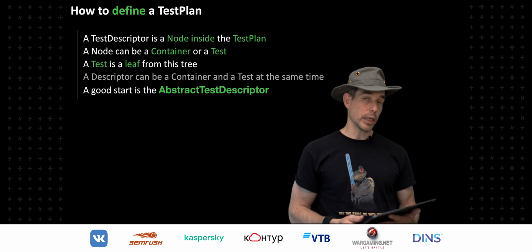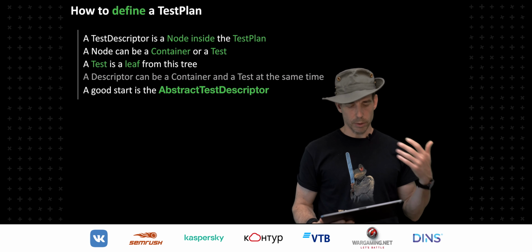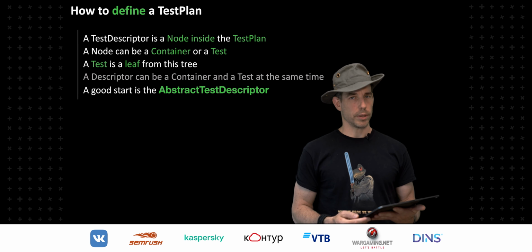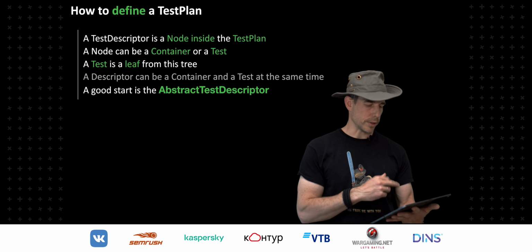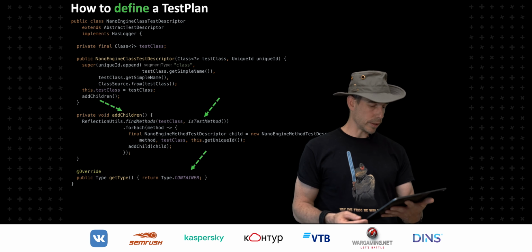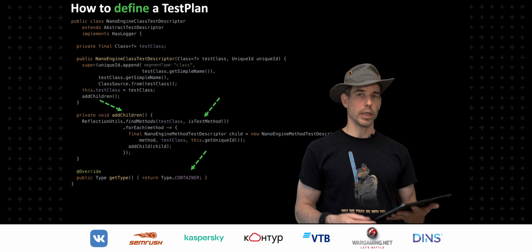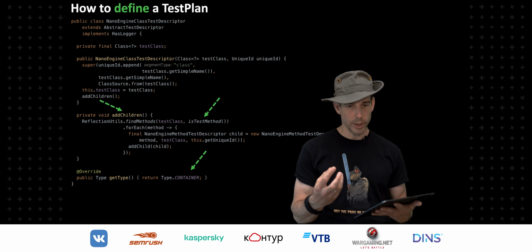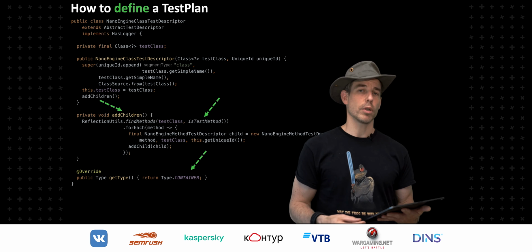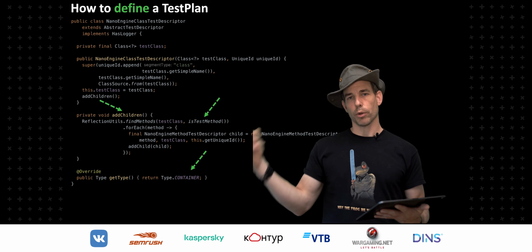And a good thing is, don't start from scratch from the interfaces they're providing. Start with the abstract test descriptor and just use this one as a basic reference implementation to extend. Okay, so a test descriptor extending the abstract test descriptor, and here you just have to deal with this: if it is a container, you have to have the possibility to add children, and if you are just a test, mostly you don't need this one, and then just going recursive.